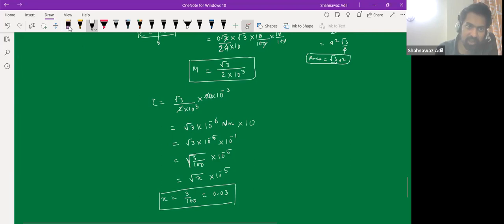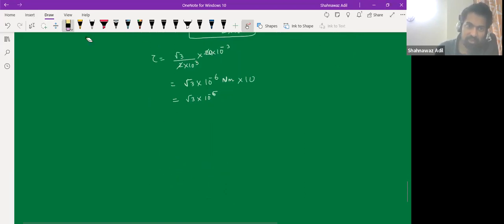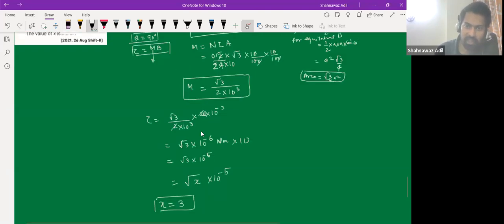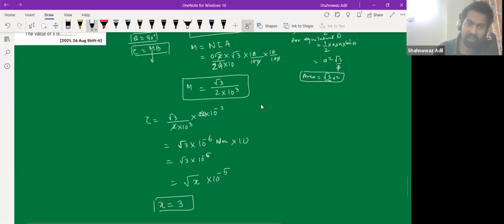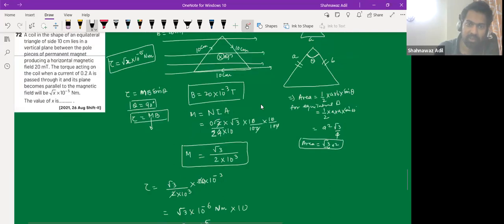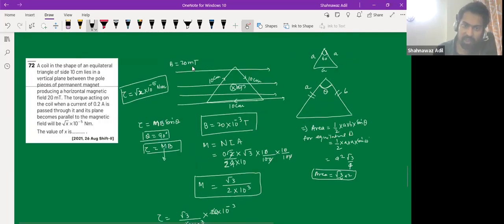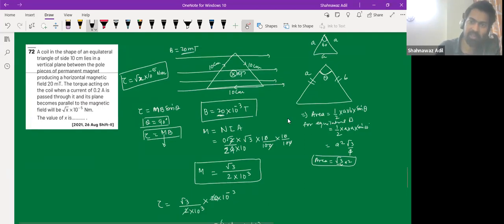So that was the error, this 20. It was this 10 order, right? So then if I compare this with root x into 10 to the power minus 5, so x is that. So 20 was the magnetic field, right? This is 20, not 2. Yeah, please correct that.